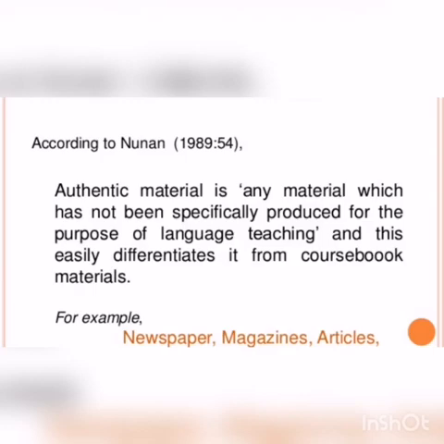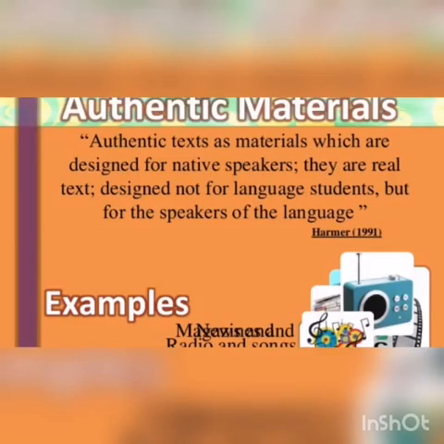For example, newspapers, magazines, articles. Authentic text as materials which are designed for native speakers. They are real texts designed not for language students but for the speakers of the language. Harmer, 1991.